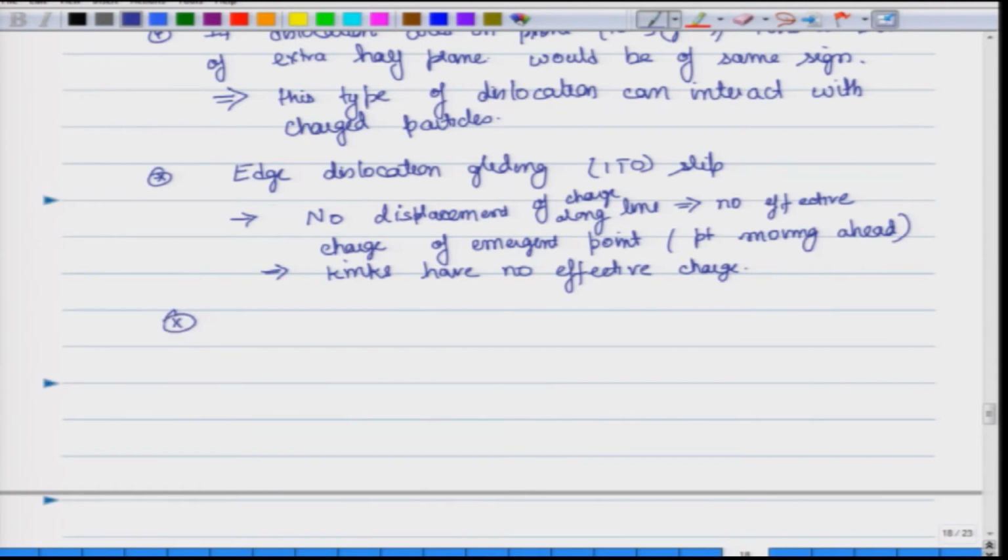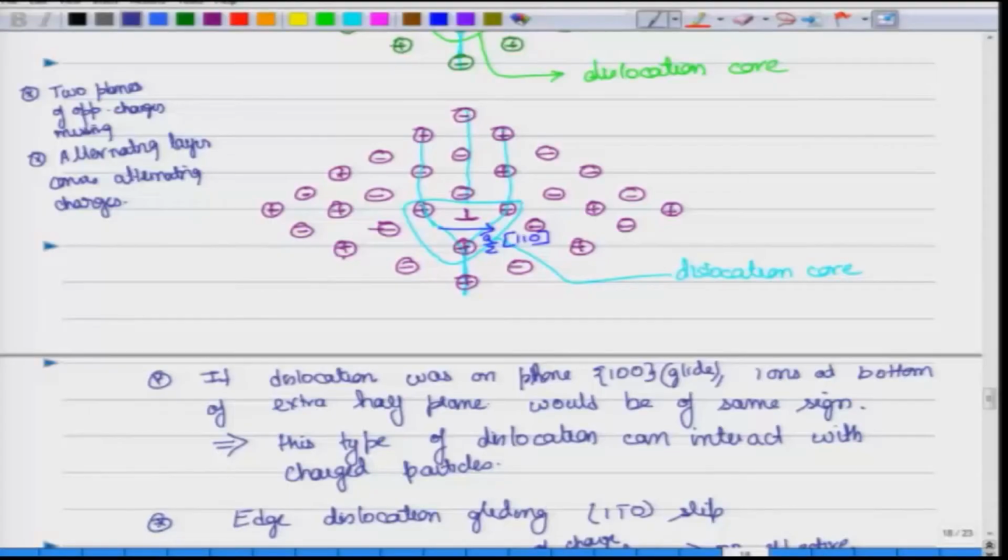Now, another aspect, this is about jogs. When we are talking about jogs, elementary jogs will not be charge neutral, elementary meaning the one atom height. Again you can go back here, the charges are of different color. Here it is plus, here it is minus.